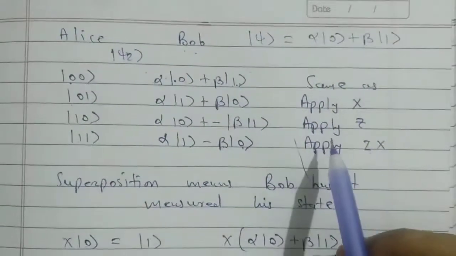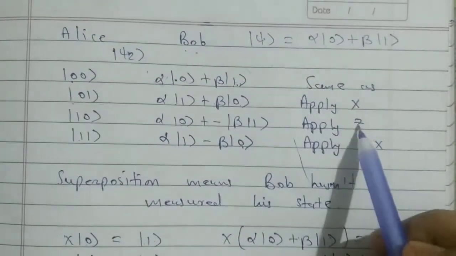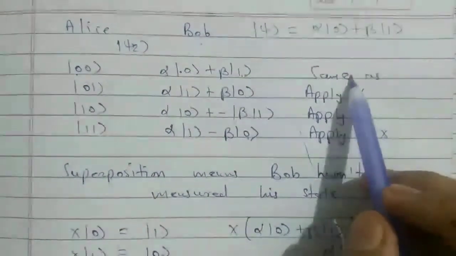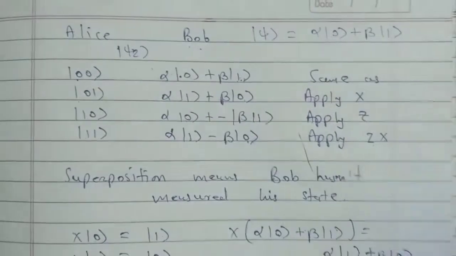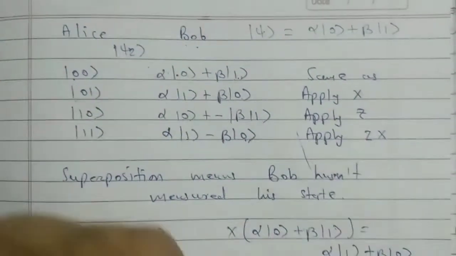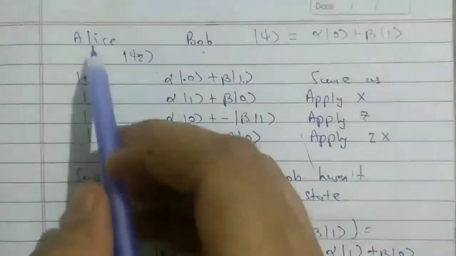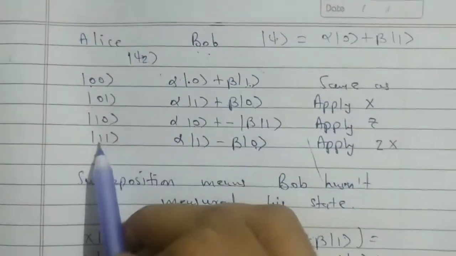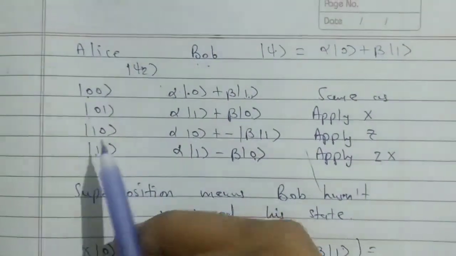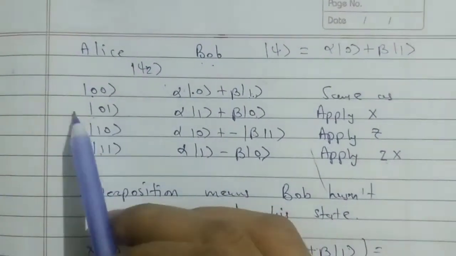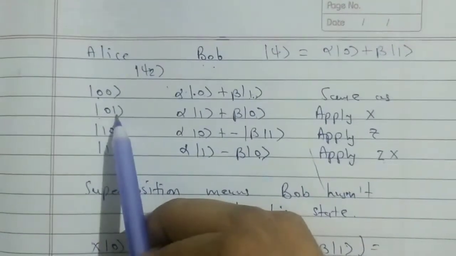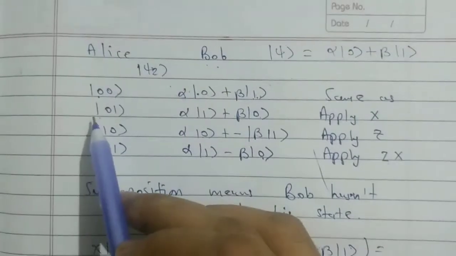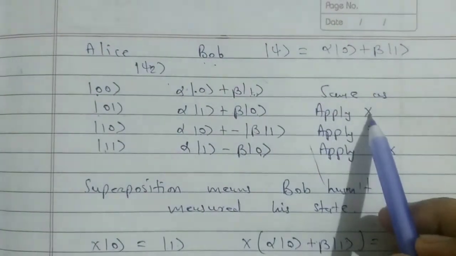Now, how does Bob know whether he needs to apply X, Z, ZX, or no gate, without measuring his state? In this case, Alice will measure her qubit in one of the bases, and if she measures 01, she will send a classical signal to Bob that he needs to apply the X gate.